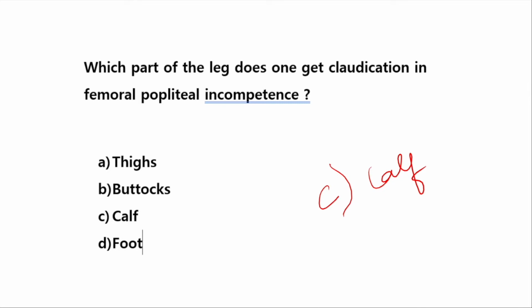So let's look at the topic for today, which is peripheral artery occlusive disease, or PAOD, or PAD as some people call it. As the name suggests, the explanation lies right in the name. Peripheral as in the lower or the upper limbs, very distal vessels that we know about.